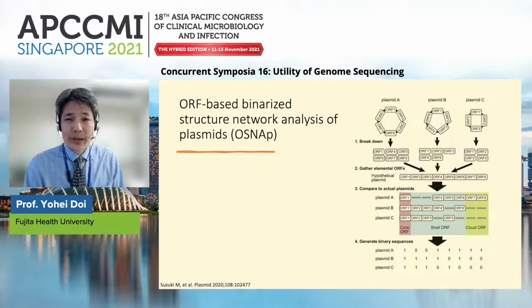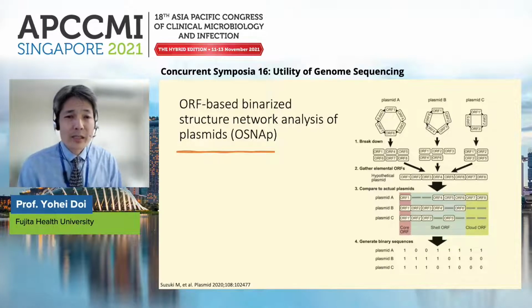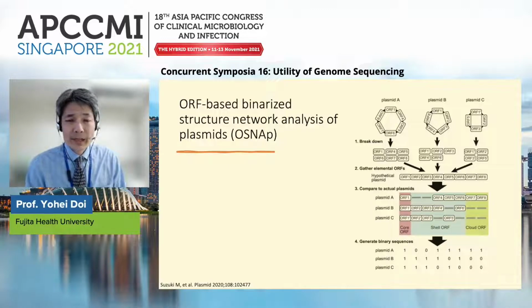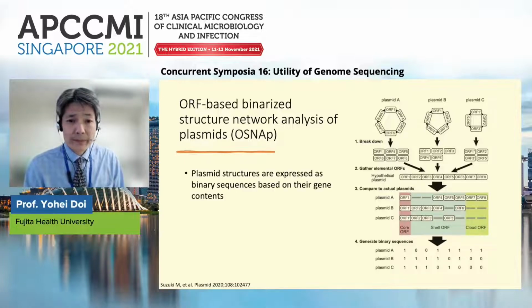This is a piece of work that we recently published called ORF-based binarized structure network analysis of plasmids. So this is for plasmids, but it can be expanded to whole genome sequencing. The idea is that we express plasmid structures as binary sequences based on gene presence and absence.